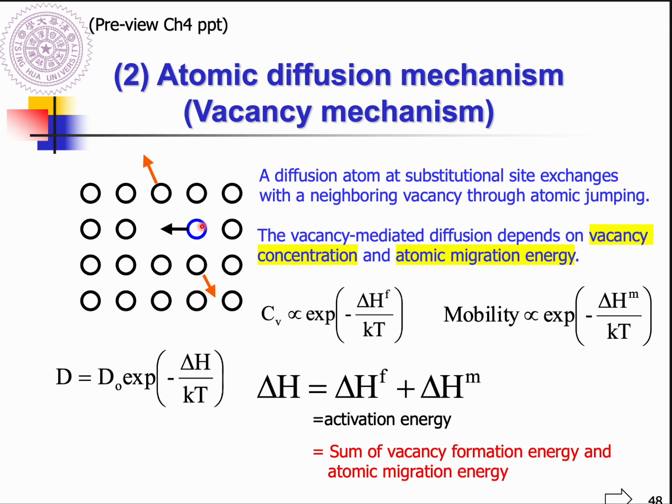So in order to complete this diffusion in this kind of material, the total energy which the atom needs to overcome, including the vacancy formation energy and the vacancy migration energy, is considered as the energy barrier or activation energy of this diffusion mechanism. So now you have this idea, right?